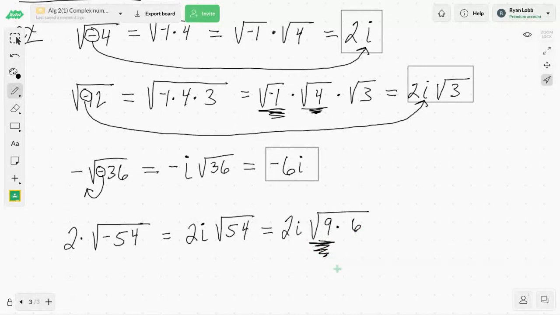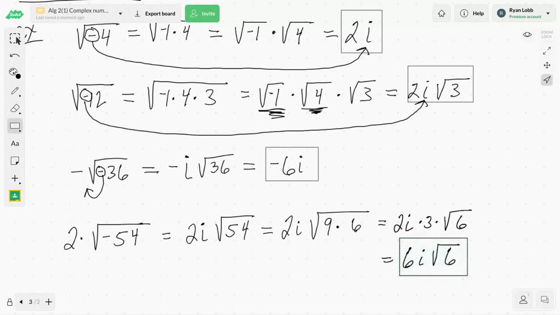The square root of 9 is 3. So we say 2i times 3 times the square root of 6. But then making everything nice and neat, that's going to be 2 times 3, 6i, times the square root of 6. Okay?